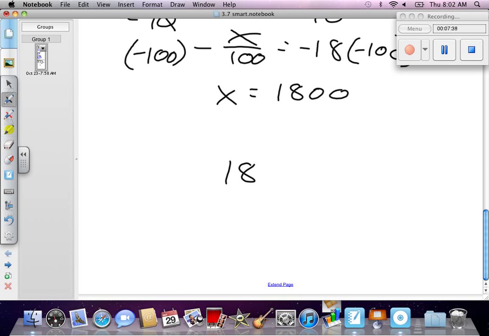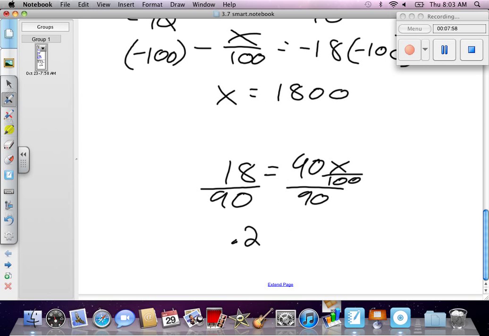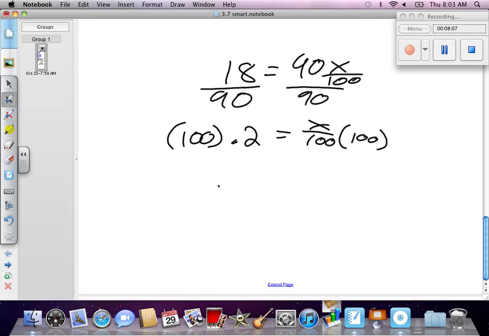So we're going to say 18 equals 90 times x over 100. What percent of 90 is 18? So the first thing we're going to do is divide both sides by 90. We get 0.2. 0.2 equals x over 100, times both sides by 100, and we get how much percent? 20% off.